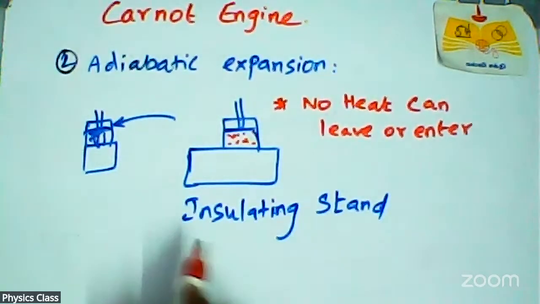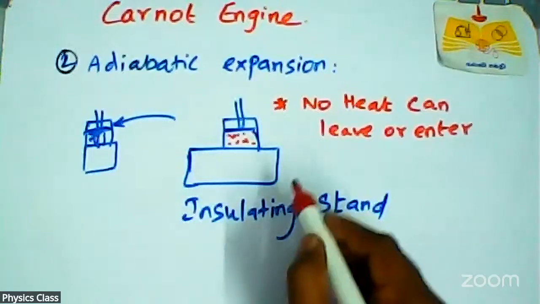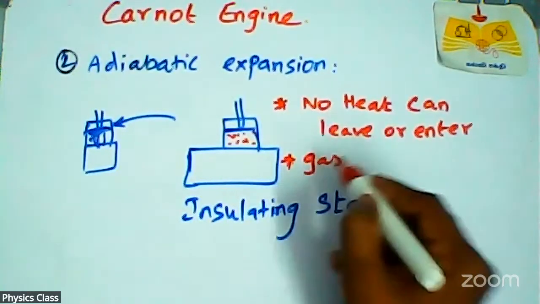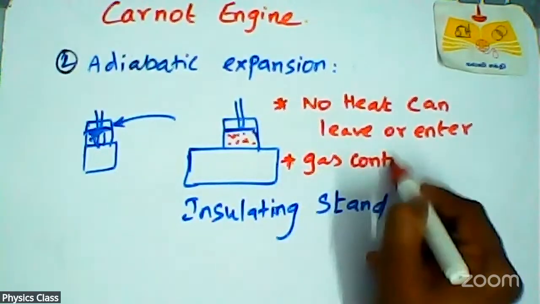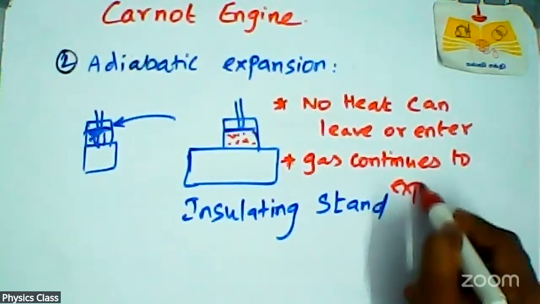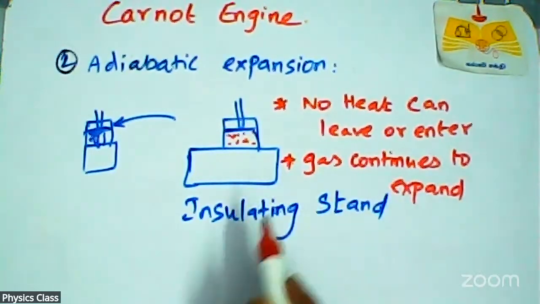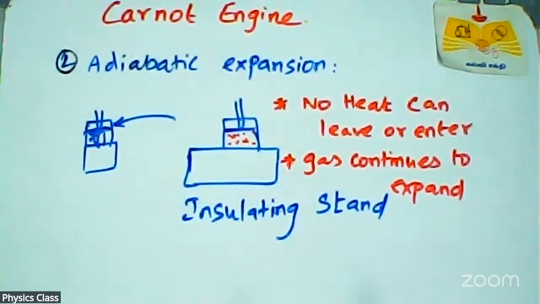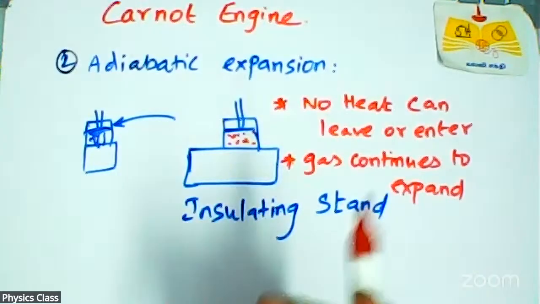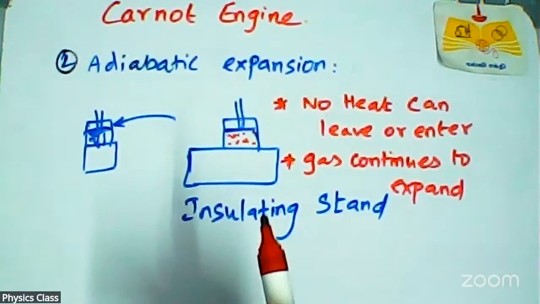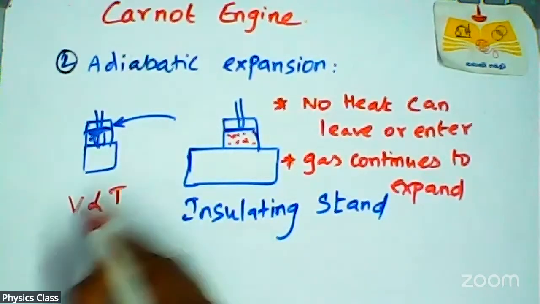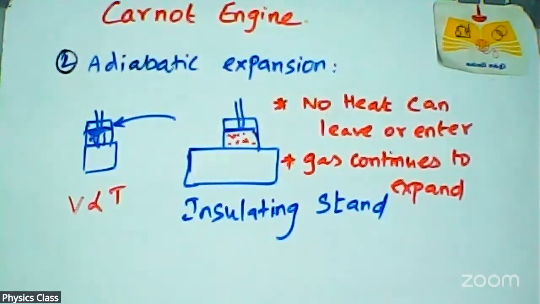Now the gas also continues to expand. If heat leaves the system, temperature decreases, and temperature decreases means volume decreases, since we know V is directly proportional to T from Charles law.